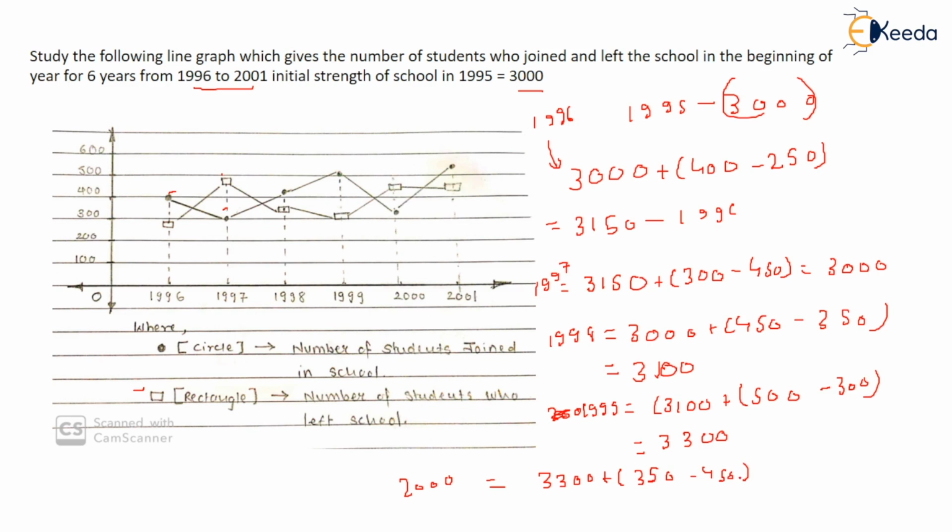So the population will decrease by 100. So this comes out to be 3200. And in 2001, this population will become what? 3200. How many joined this year? This year 550 joined and 450 left. So 100 people joined. This becomes 3300.